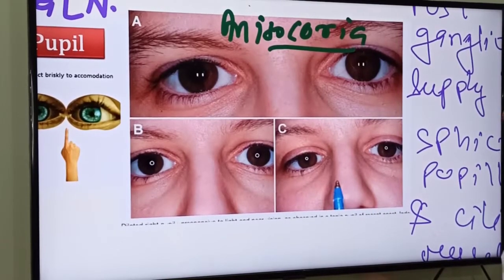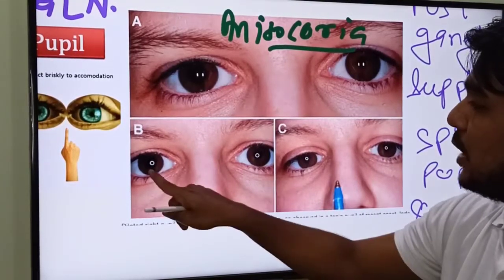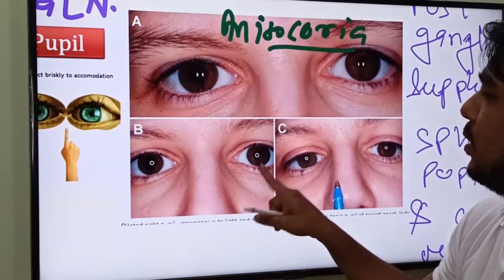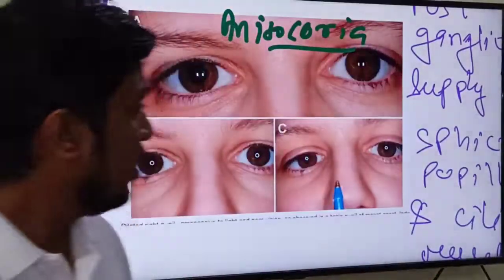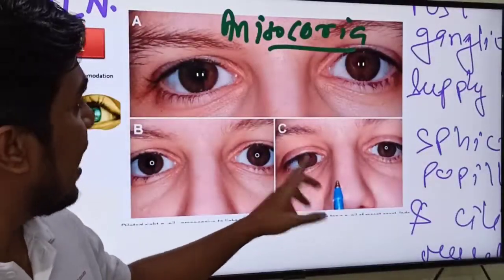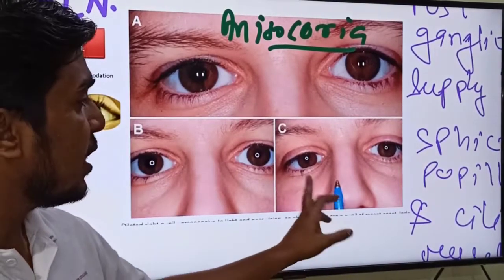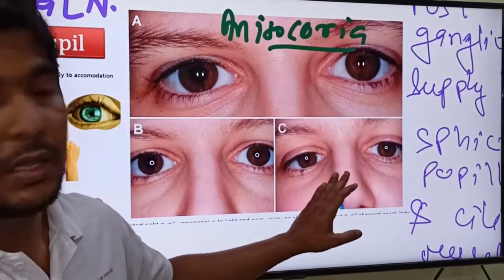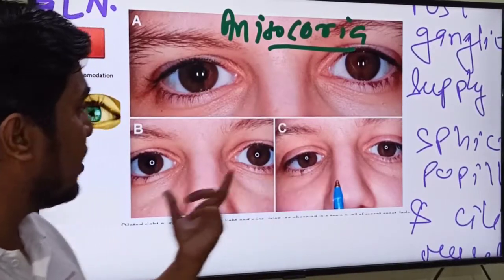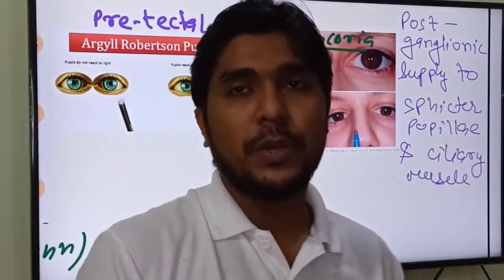Now, when the light is shown here, there is no reaction. This is always dilated, this is not dilated. But on near convergence also there is a problem, it remains dilated. It is dilated with the light and also with near. If it constricted on near, this would be ARP, but that should not be the case here. This one is also dilated on light, also dilated on near work. So what is this? Tonic pupil, Adie's tonic pupil.